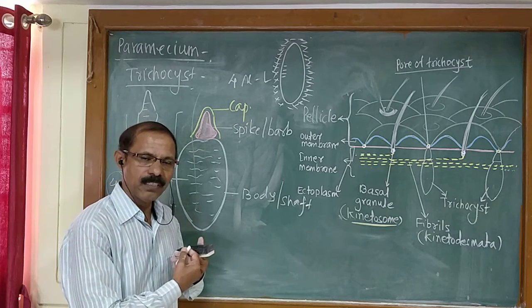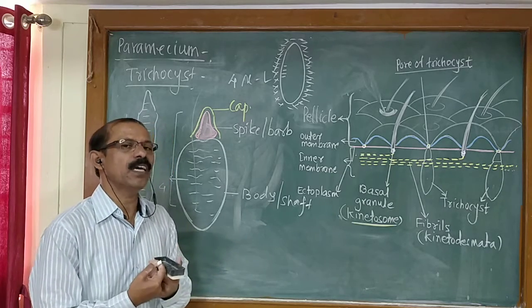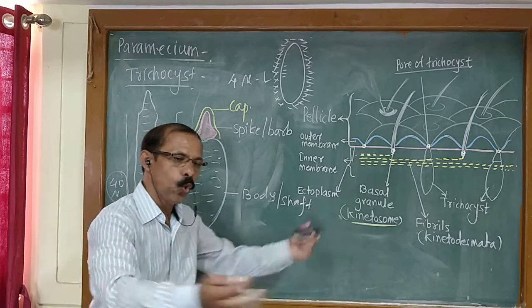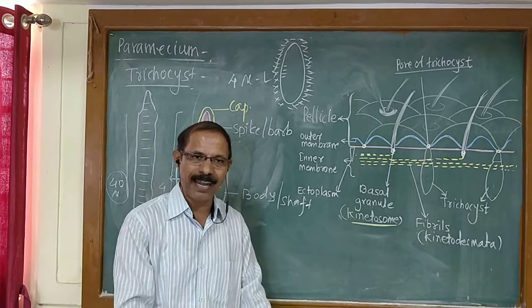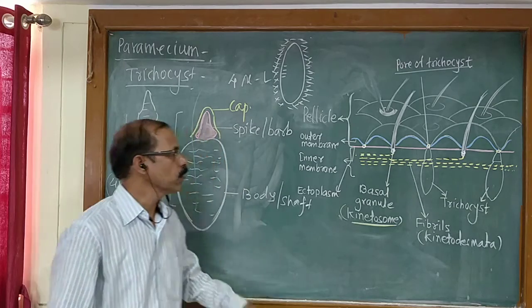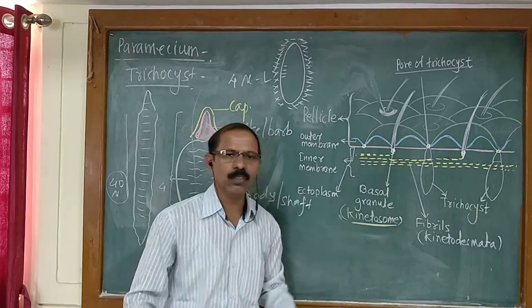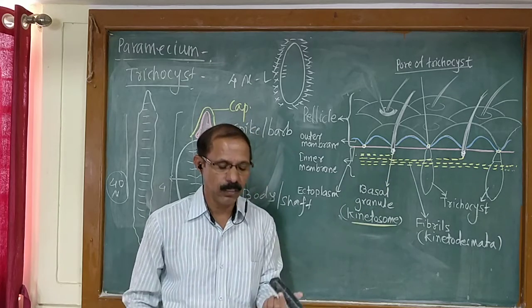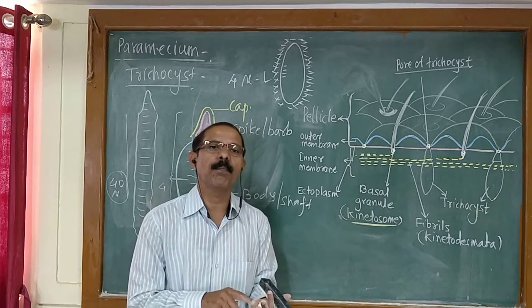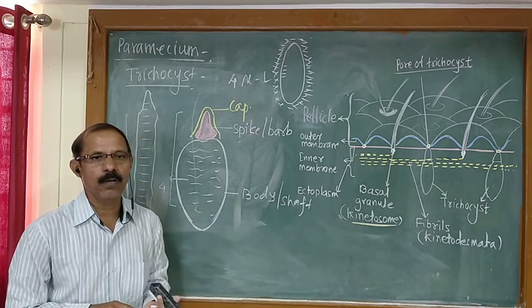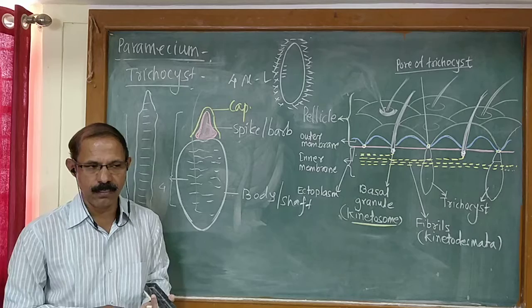When damaged or attacked by an enemy, paramecium becomes active and discharges its trichocyst through the pellicle, through this opening. This is the first function of trichocyst: offense and defense.